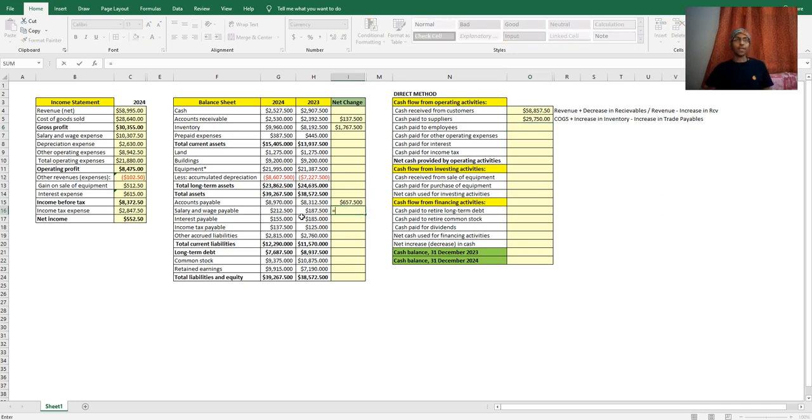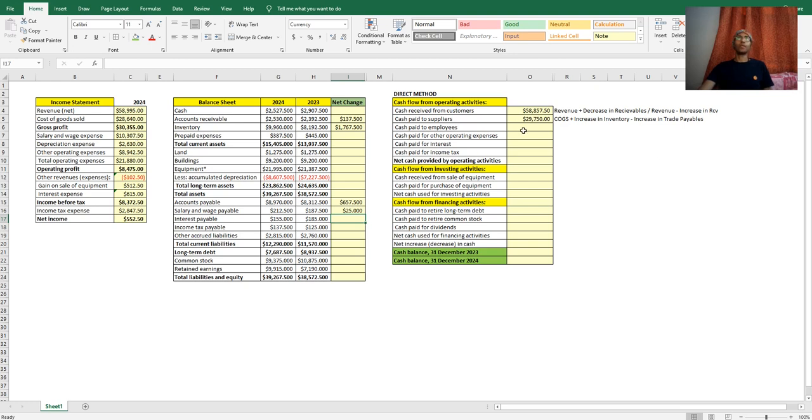So here let's see what has happened. Salary and wages payable has increased. That means that much less cash has actually been paid than what is mentioned in the salary and wage expense in the income statement.